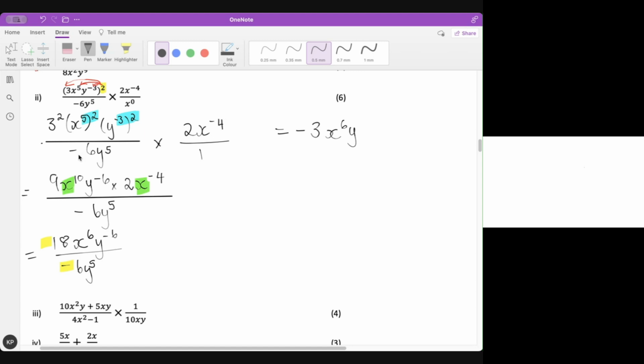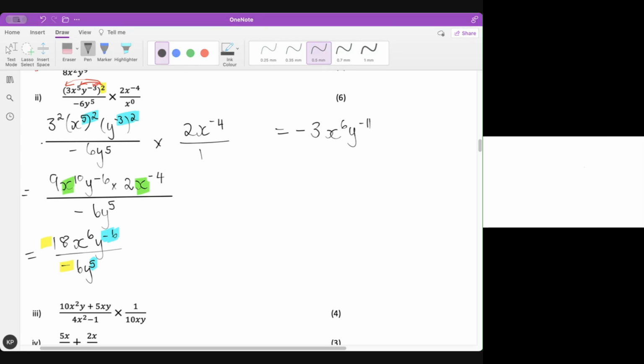You subtract them. So we need to say negative 6 minus 5. So what's my exponent for y? Yes, negative 11.